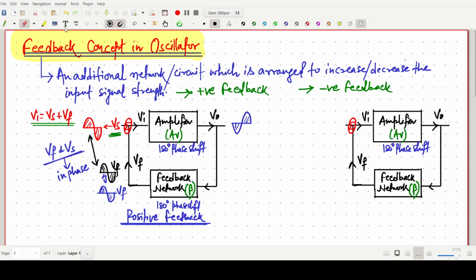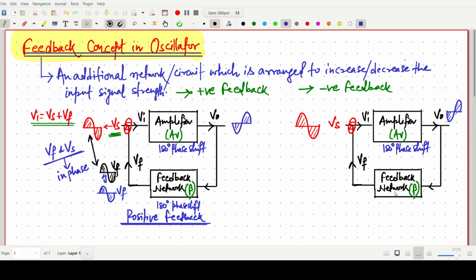We are saying this one is coming from some source Vs, and this one is sinusoidal like that, and this amplifier gives a 180-degree phase shift. Okay, so 180-degree phase shift means somehow like this.